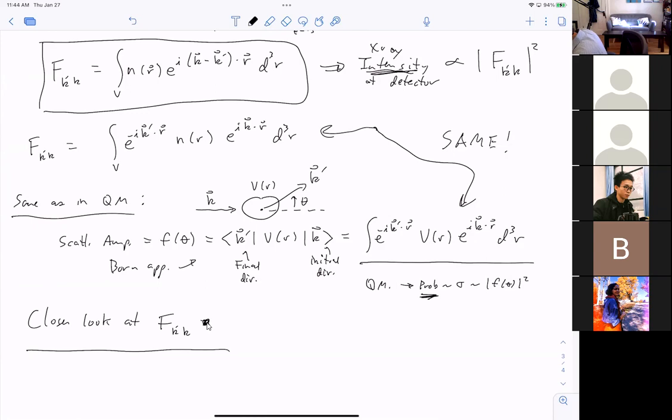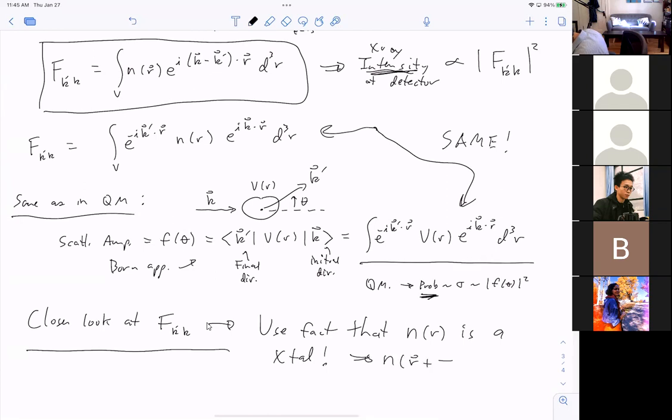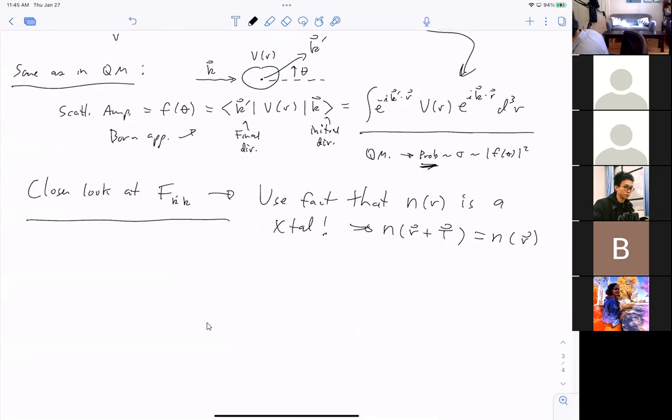Let's use the fact that it's a crystal. So then n of r, the electron density, is periodic in the crystal lattice. Okay, we're going to use that fact now.